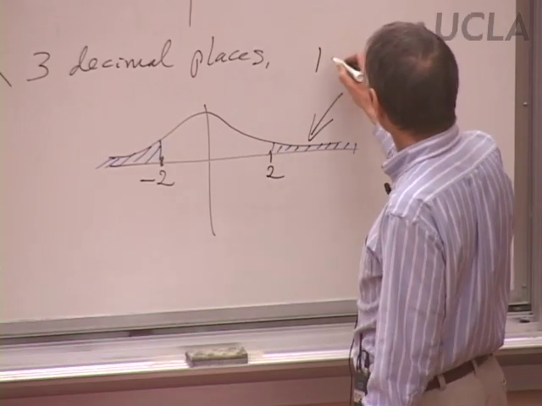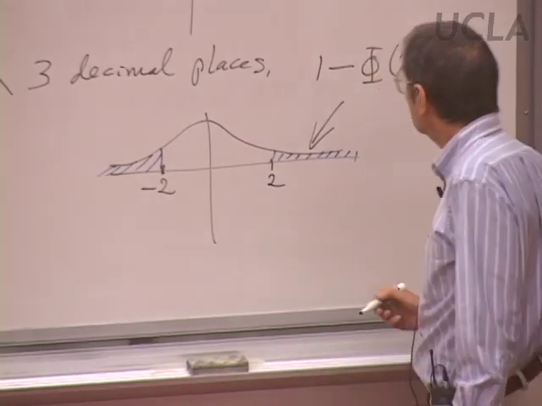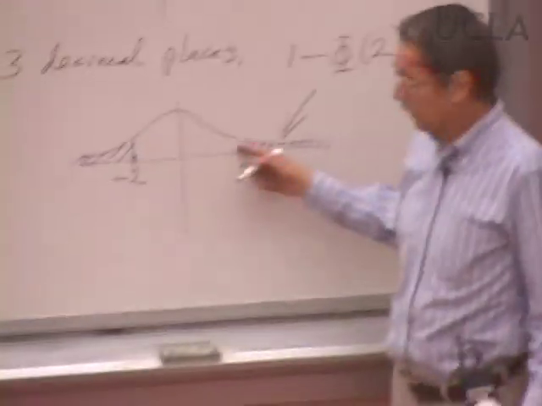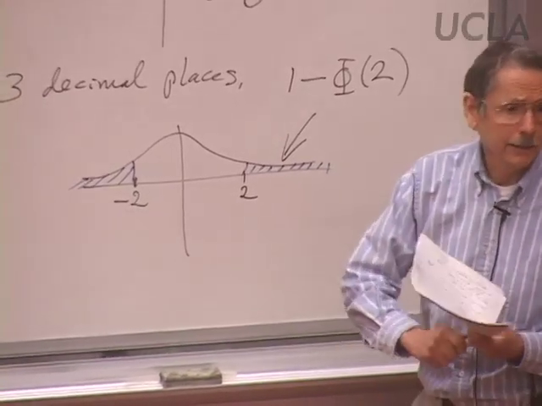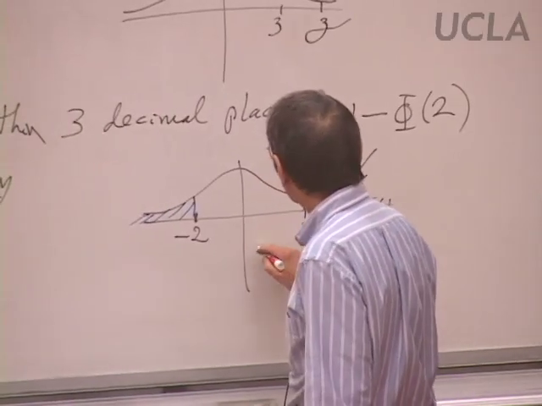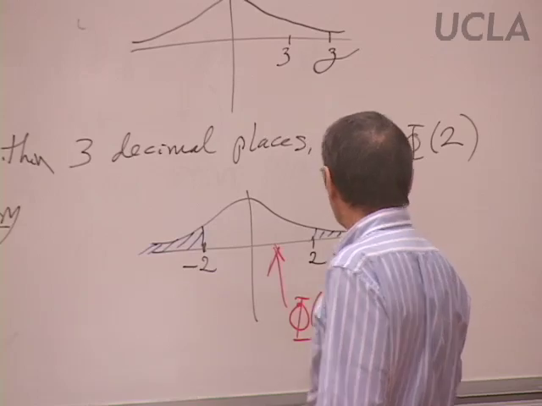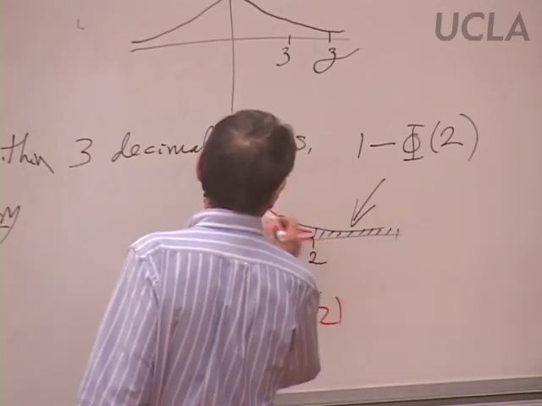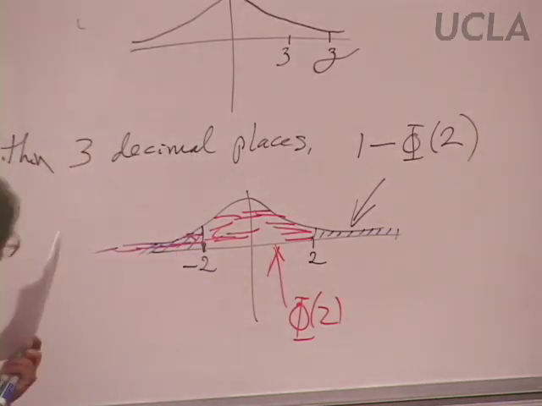That is, this area is 1 minus phi of 2. Let's add another color to the picture. Phi of 2 is the red area here, all the way down to minus infinity.